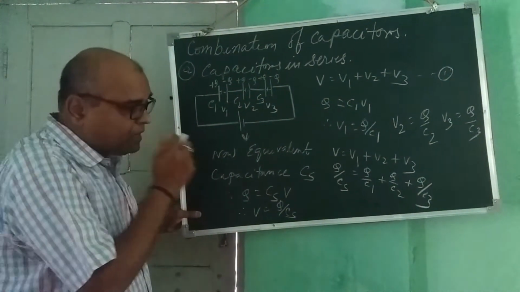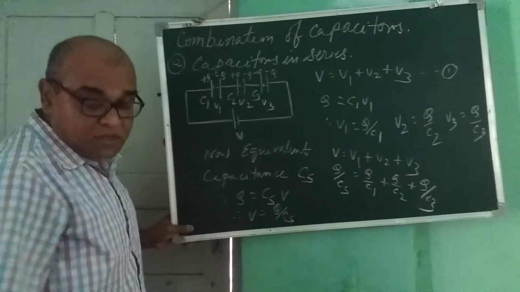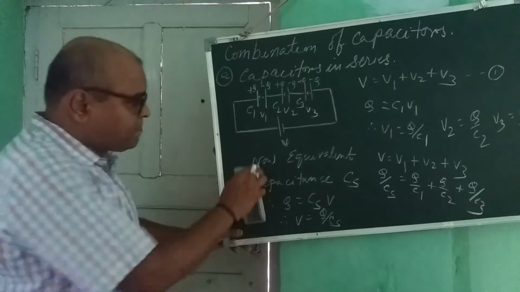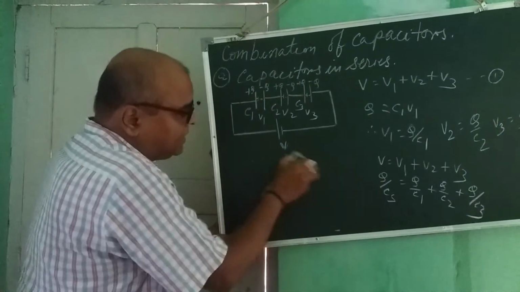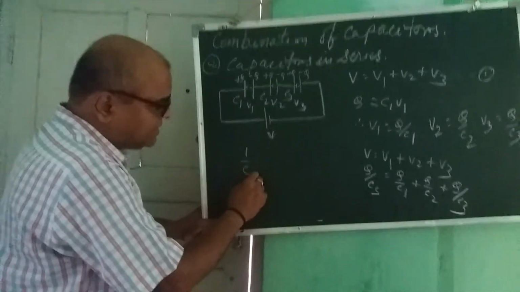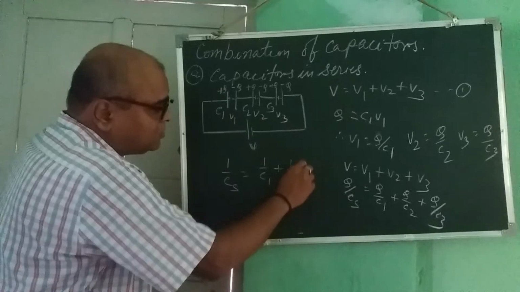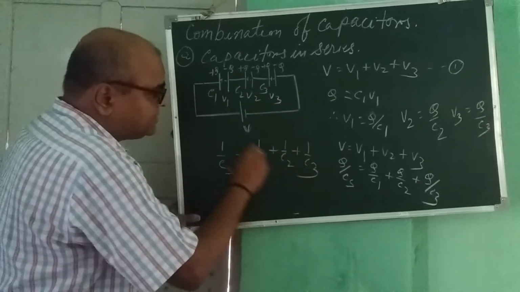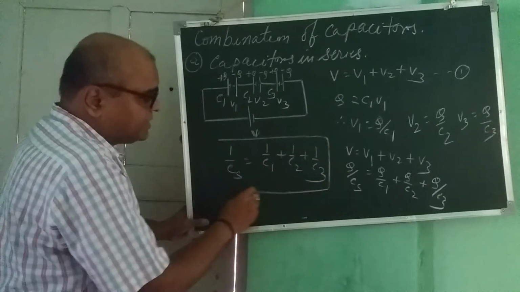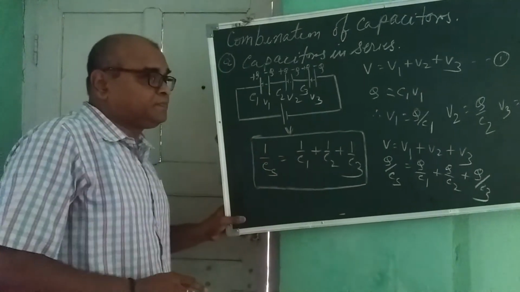Now here Q is common in every term. So 1 by CS is equal to 1 by C1 plus 1 by C2 plus 1 by C3. That is the formula for equivalent capacitance.